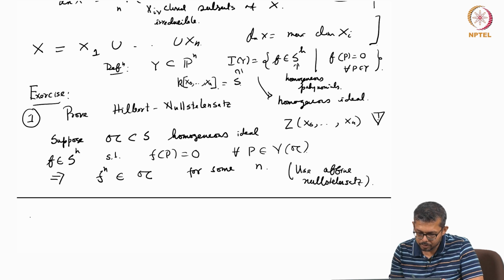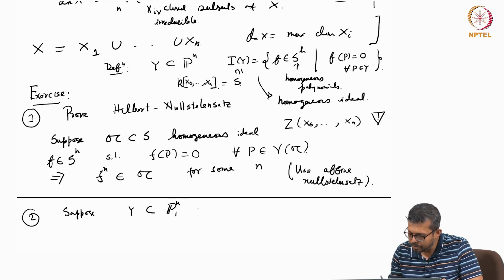So now for a closed subset, you know what is I_Y. So now you can define the coordinate ring. What is S_Y? Suppose Y is a closed subset, or suppose Y is any subset in Pn.